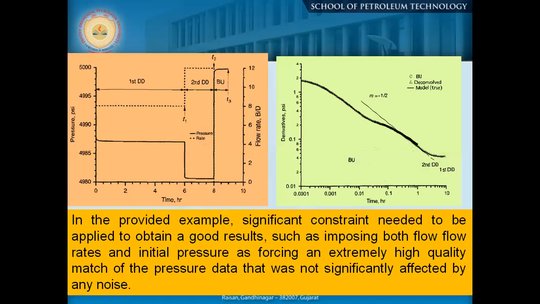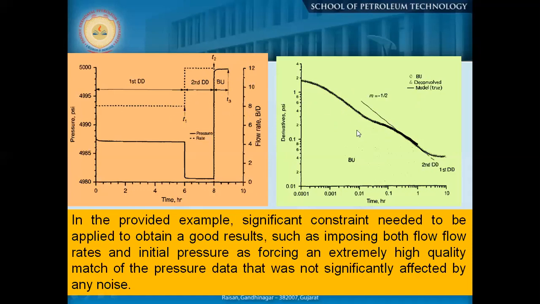In the provided example, significant constraints are applied to obtain good results, such as imposing both flow rates and initial pressure, forcing an extremely high quality match. You can see all three data sets are matching. That means in this specific case, even if you go for the last build-up only, the deconvolved data as well as the model all match. So we have very good quality data and all could be used for getting our response and the reservoir characterization.